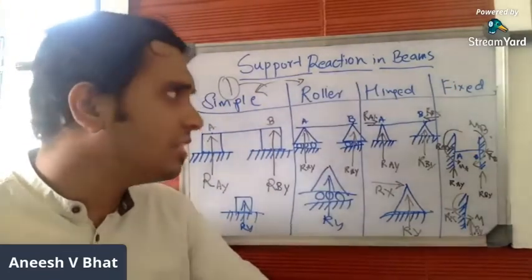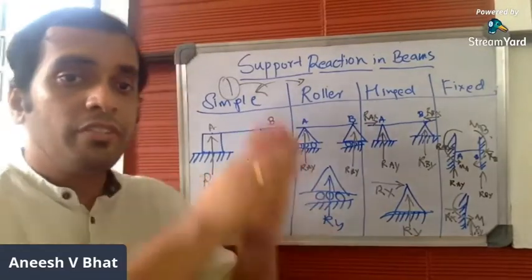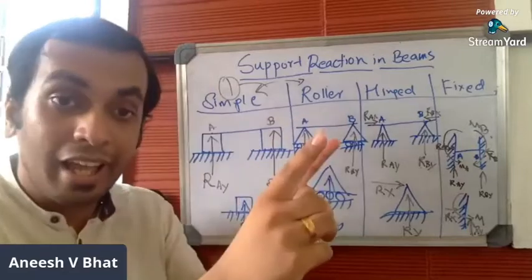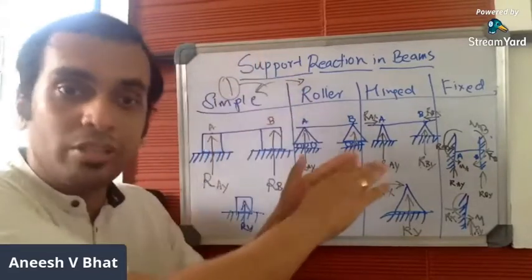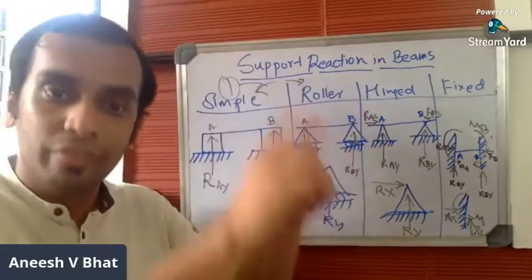Of support system available. So if a beam is supported using simple support, it will offer only one reaction in y direction. If the same beam is supported using roller support, even roller support offers a reaction only in one direction, and that too in y direction.